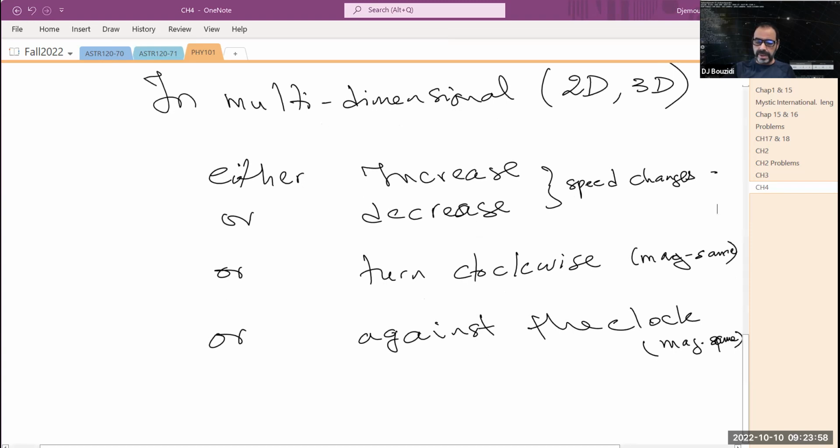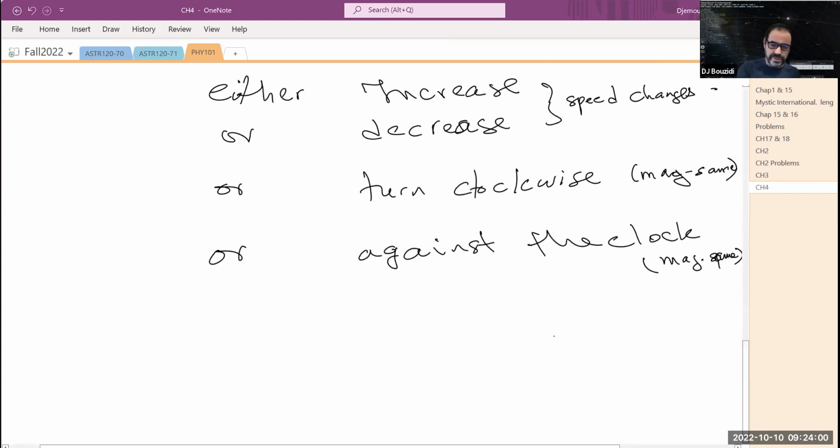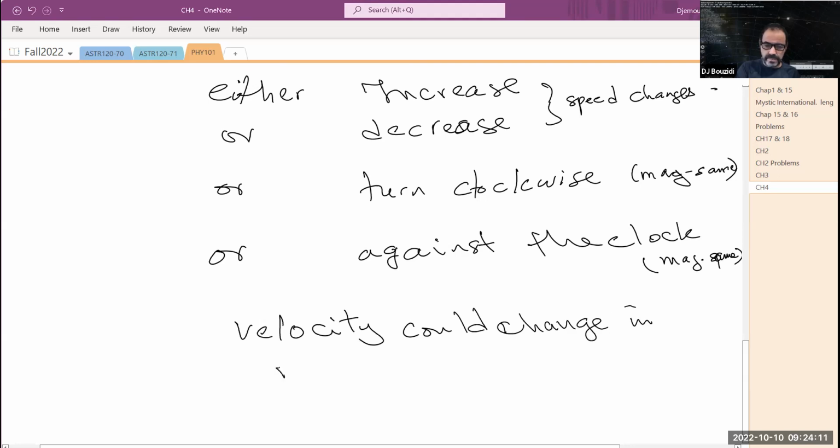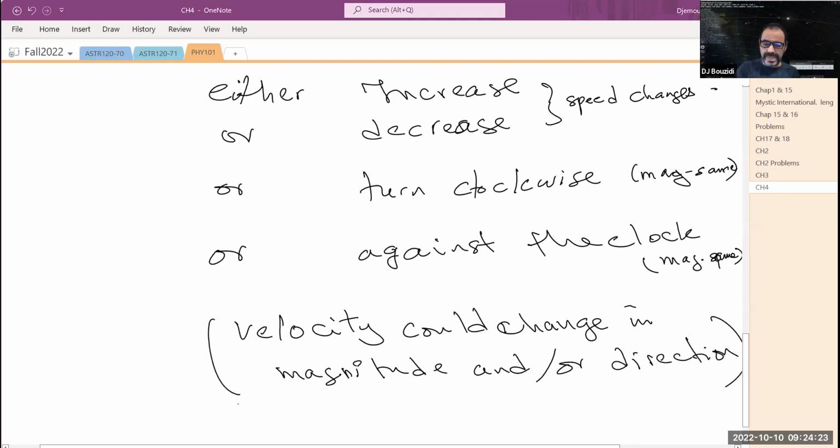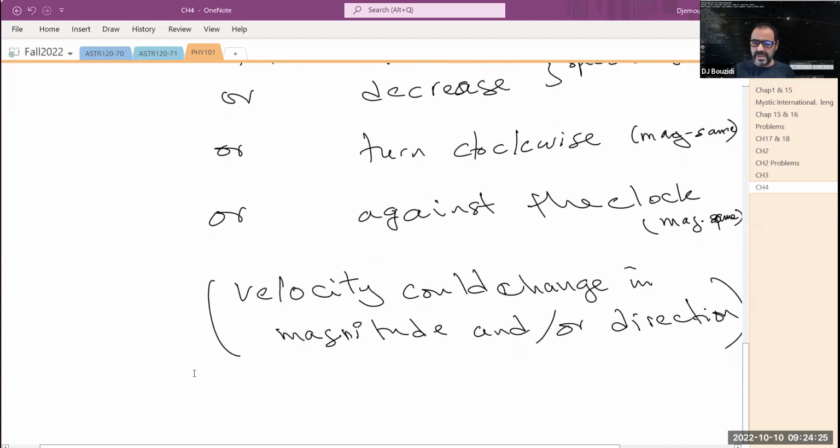So the bottom line, in a multidimensional motion, the velocity could change in magnitude and/or direction. As long as any of these situations is there, now we have acceleration.